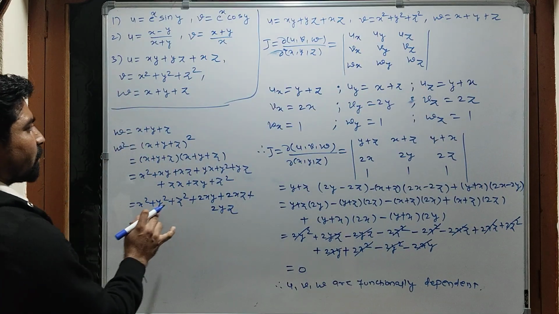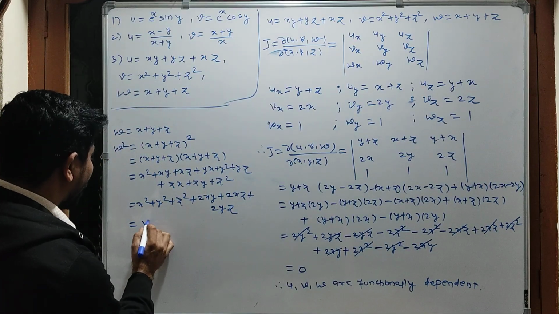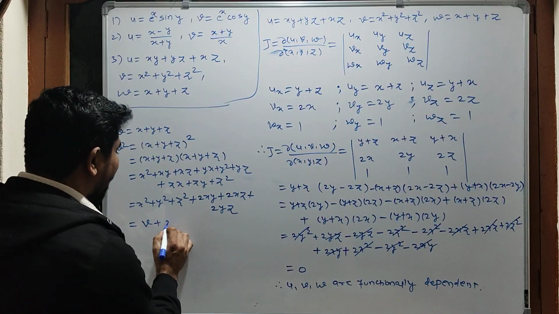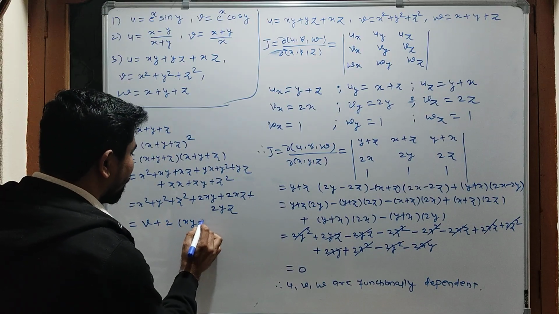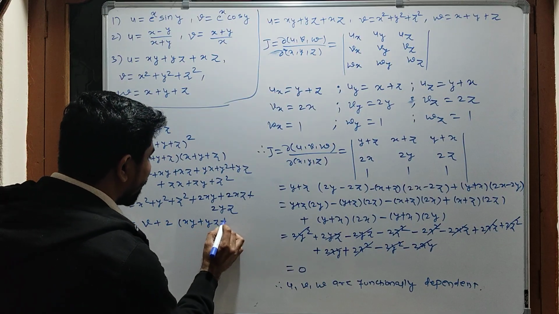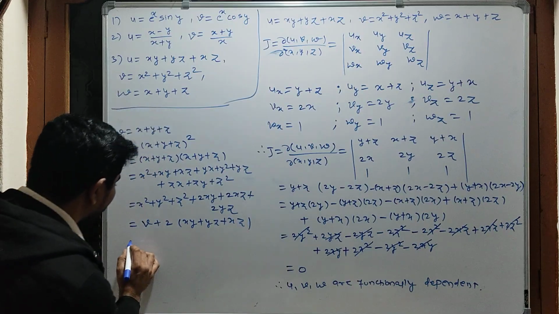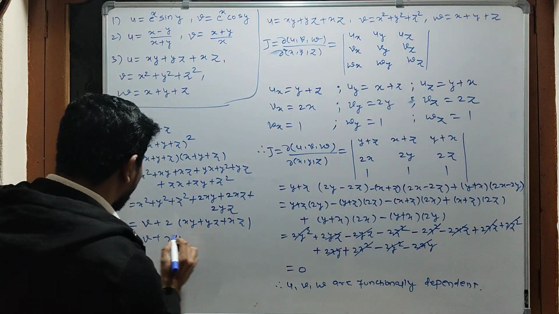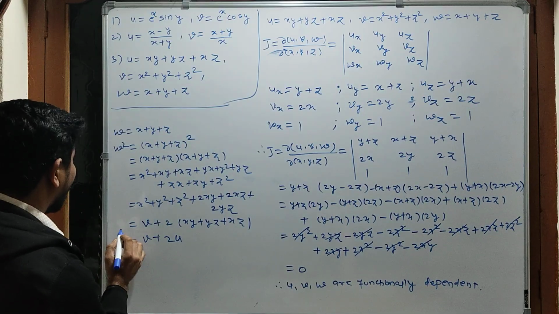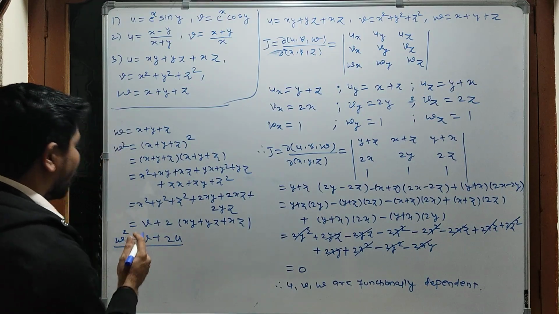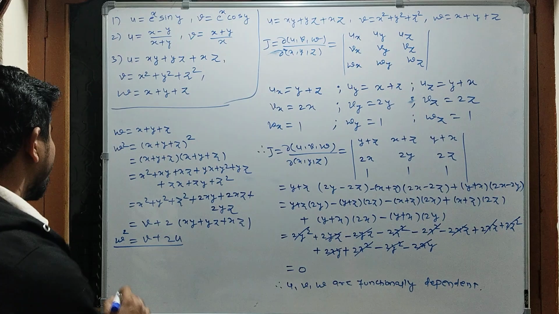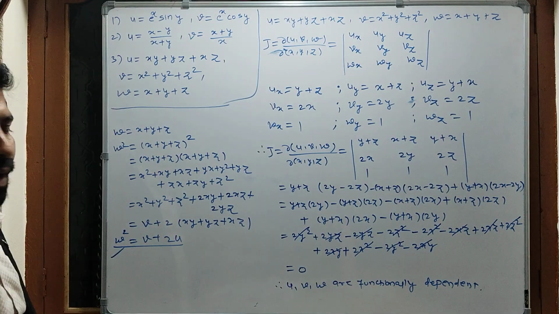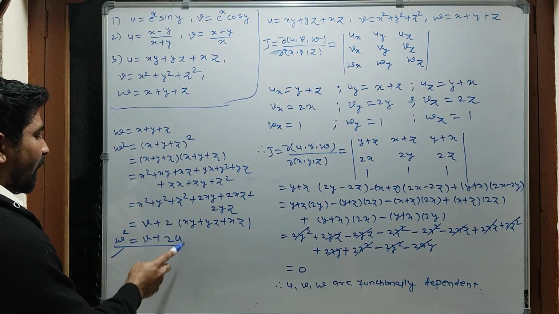Therefore, x square plus y square plus z square is v. Here I will take 2 common, so this is xy plus yz plus xz, which is my u. So w square equals v plus 2 times u, which is the relation between functions u, v and w.